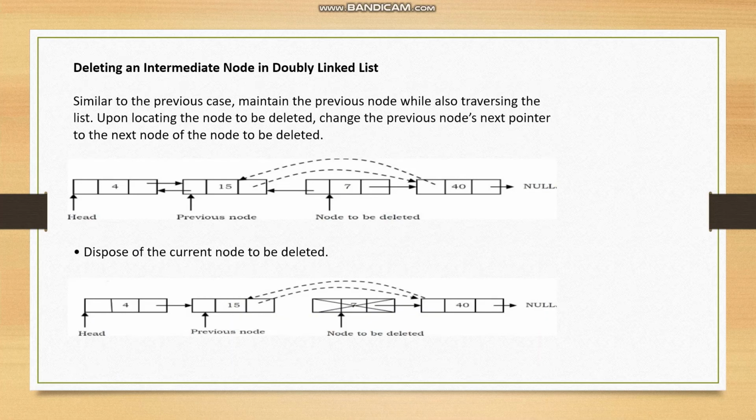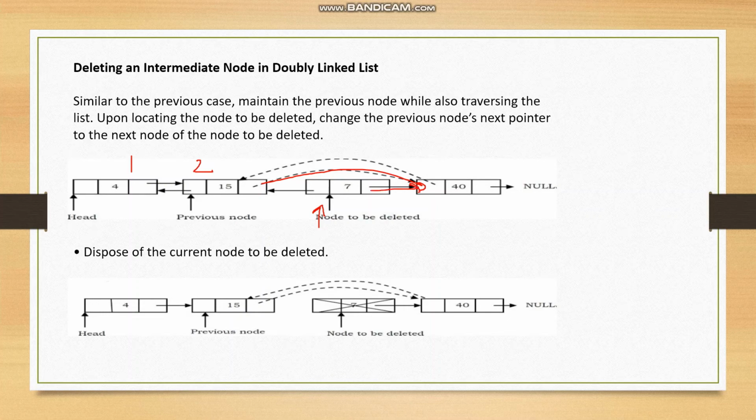Deleting an intermediate node in a doubly linked list. Say we have to delete the node from the third position. So we will have to move 1, 2 steps, and then we will point the second node's next to the fourth position, like the third node's next.